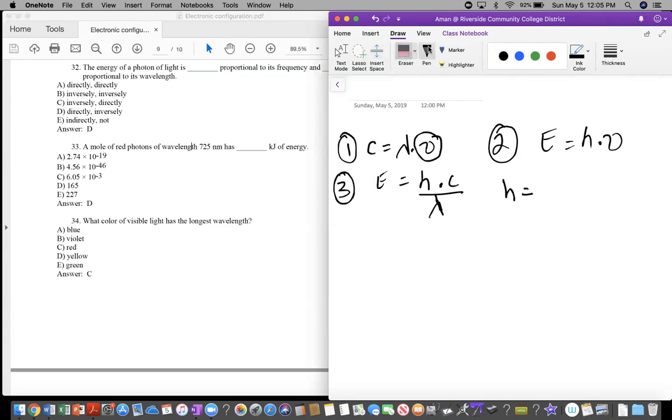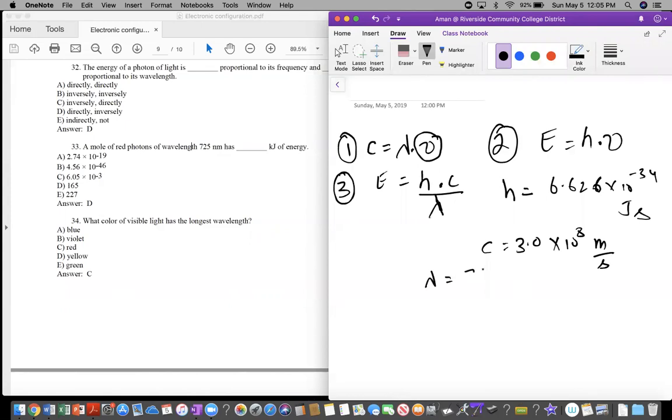So E is equal to hc over lambda. h we know is a constant, 6.626 times 10 to the power negative 34 joule seconds. And c is 3 times 10 to the power 8 meters per second. So you plug in the h, you plug in the c, and then you're given lambda, which is 725 nanometers. You have to change it into meters because of the c.